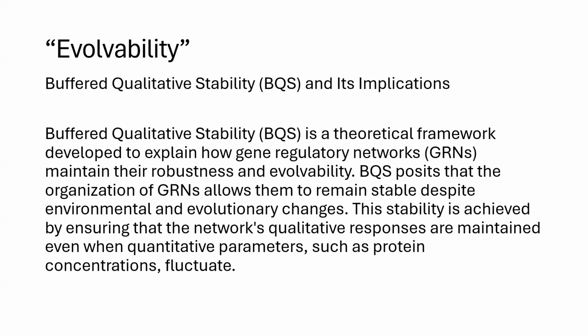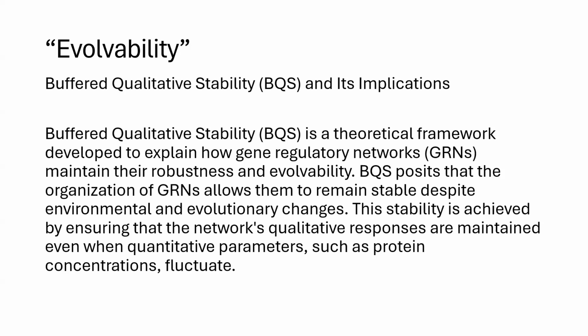I've talked about it a lot more than I expected, but the evolvability here might have a good explanation in terms of what researchers call buffered qualitative stability. It's a theoretical framework developed to explain how gene regulatory networks maintain their robustness and evolvability. So you have to assume evolvability means here that lineages are more likely or not more likely to diversify given evolutionary pressures and challenges and opportunities.